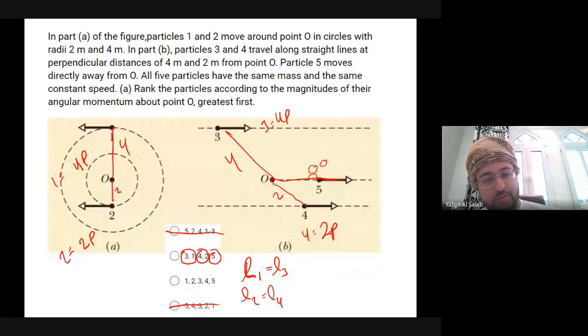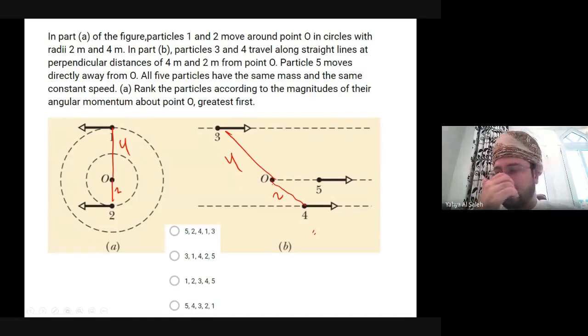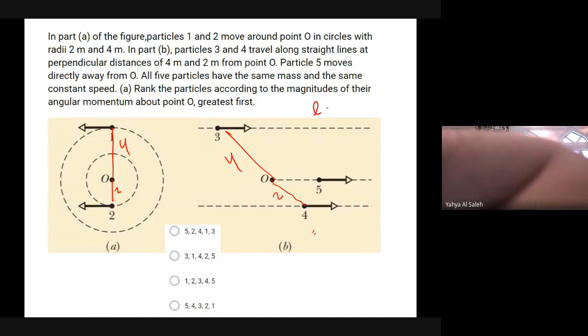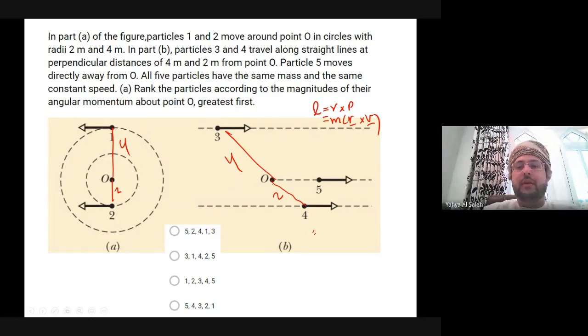Okay, let's repeat. Let's write down what is L for each one of them. We said L equals R cross P, which is m R cross V. They all have the same mass, and they all have the same constant speed, right?